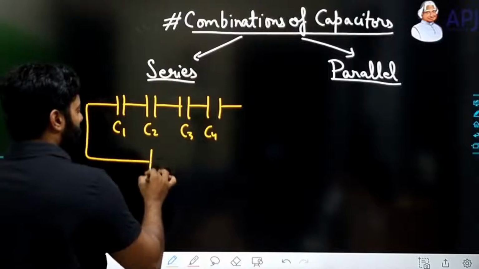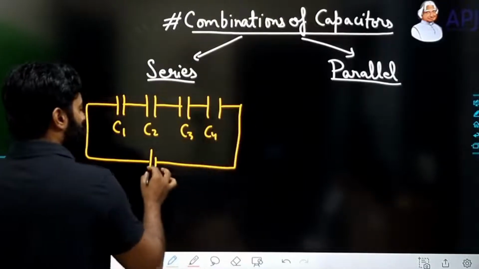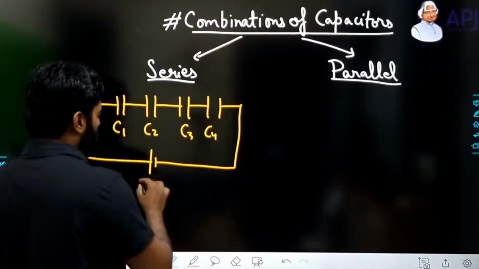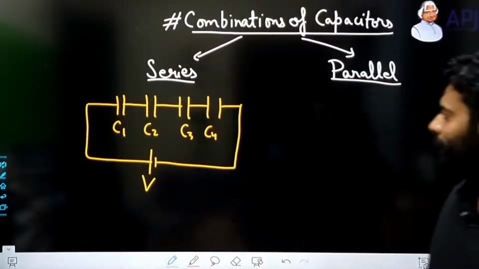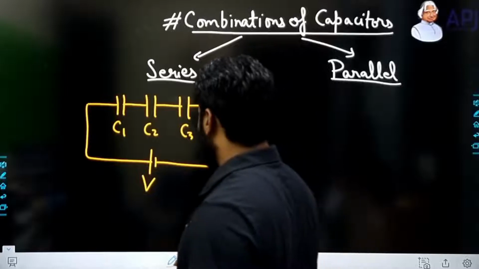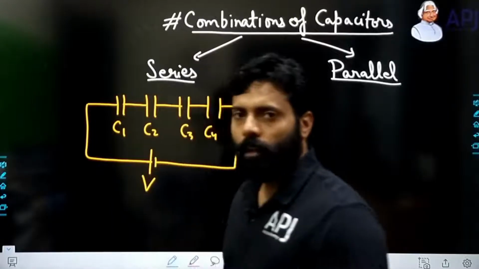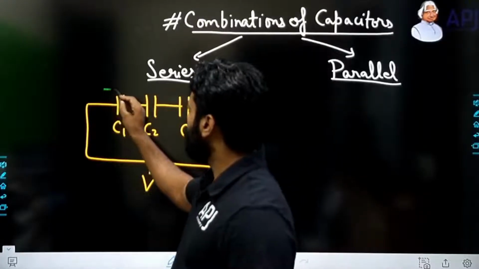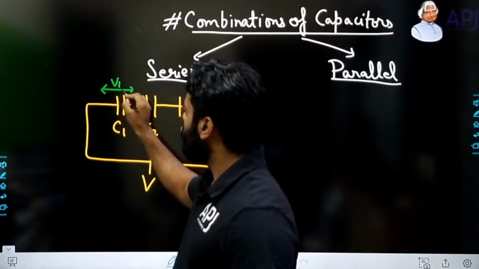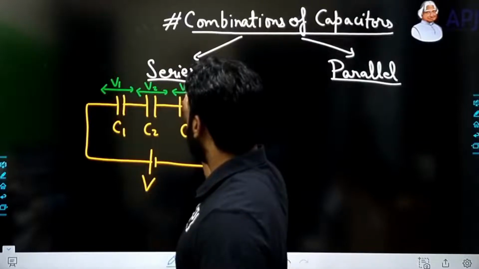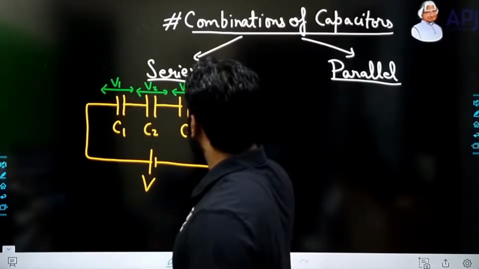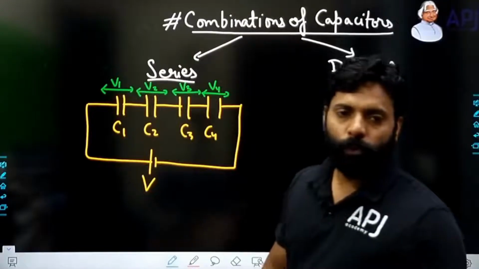And when I connect these capacitors with voltage V, then what will happen? The voltage here will be V1, voltage here V2, voltage here V3, voltage here V4.